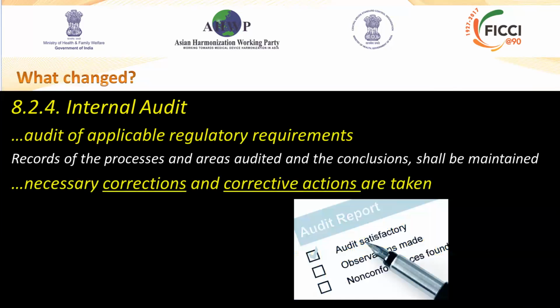So internal audits, what's changed there? So again, audit of applicable regulatory requirements. If the quality management system doesn't include a reference to the Korean good manufacturing practices and you're selling into Korea, well, it doesn't make a lot of sense. So 1345 is enforcing that and is looking for the audits that are being done to include those regulatory requirements within the scope of the internal auditing procedures.